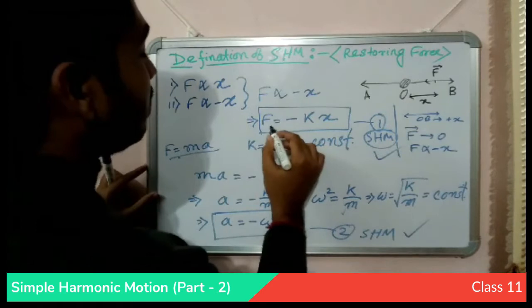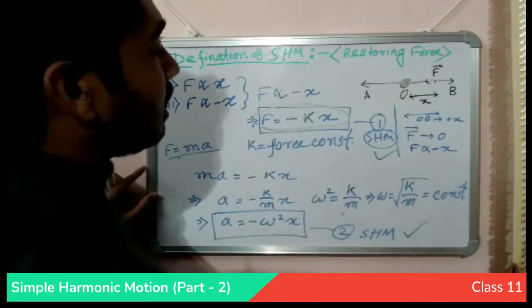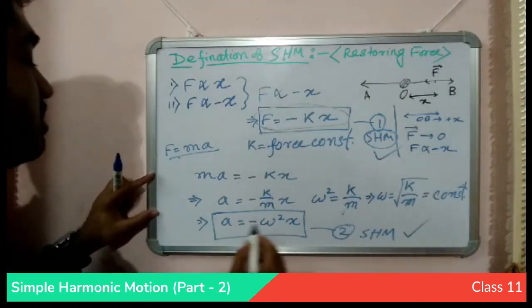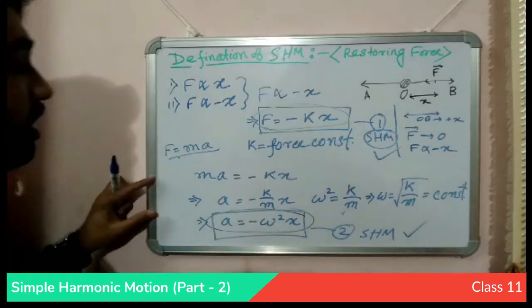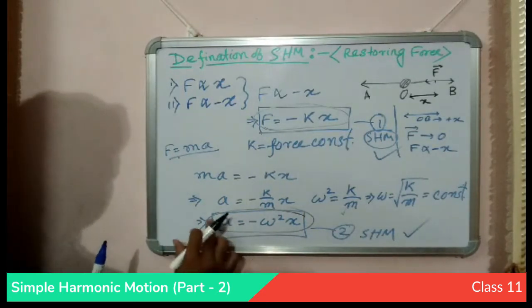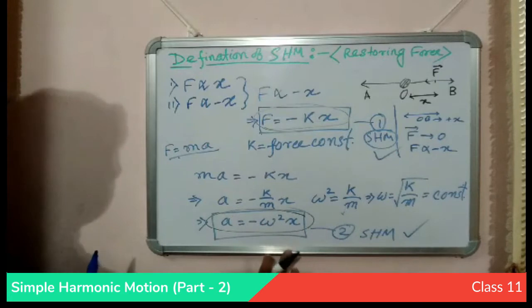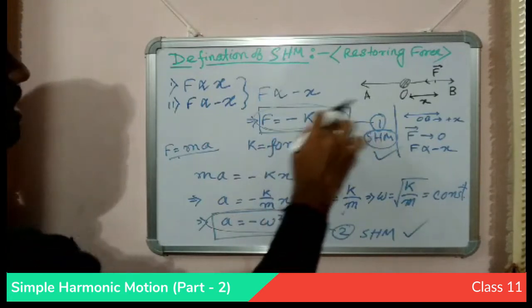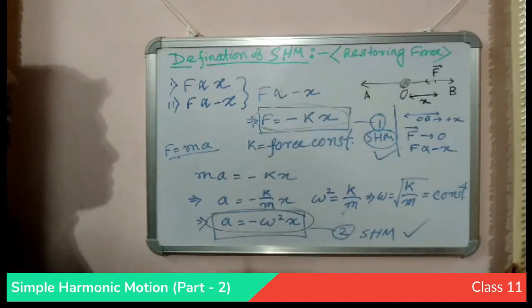So F is equal to minus kx is one kind of SHM equation, and a is equal to minus omega square x is another kind of SHM equation. A is the acceleration, omega is a constant, and x is the displacement.